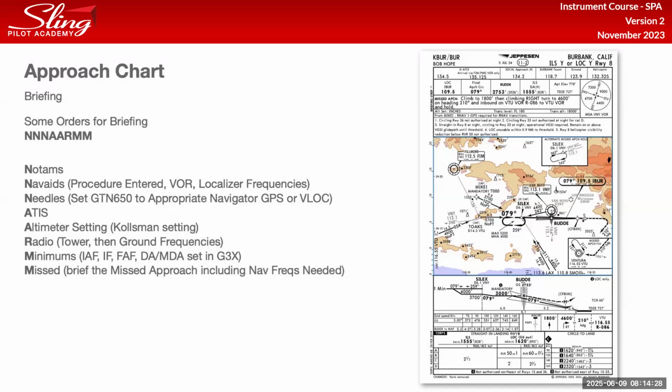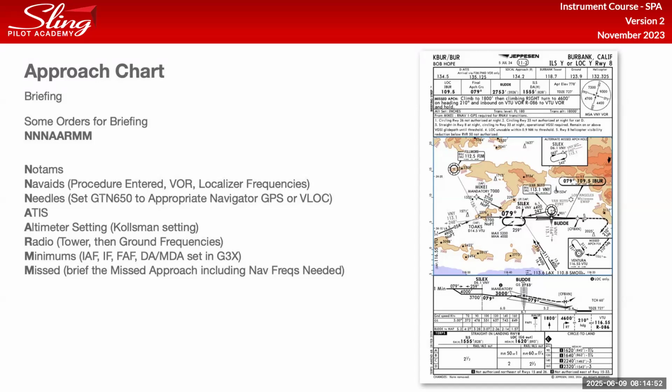So NOTAMs, right? You should be doing this on the ground. You should not be looking for NOTAMs in the air, which is why I'm hesitant on using this abbreviated approach brief acronym while you're in the air, because you've already done a full brief and checked the NOTAMs, which on ForeFlight would pop up right here.